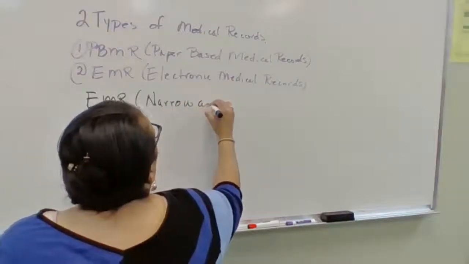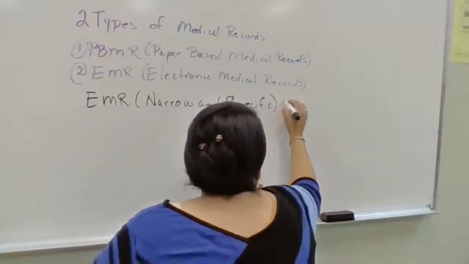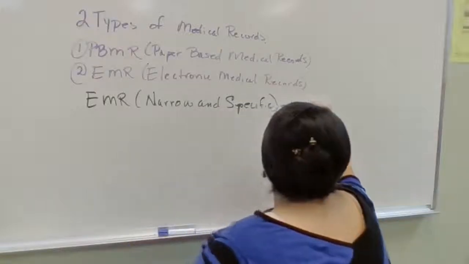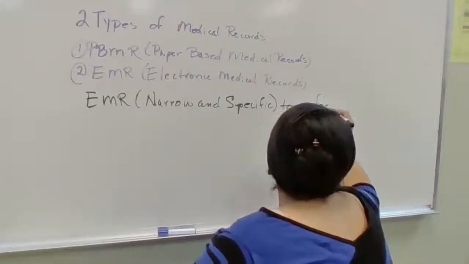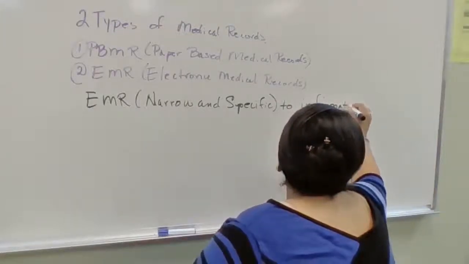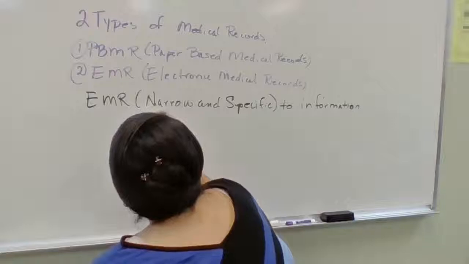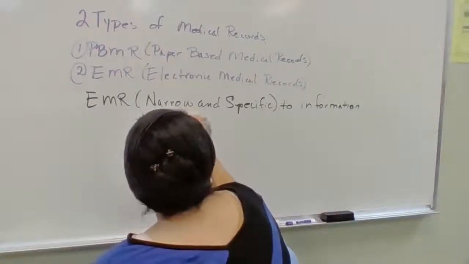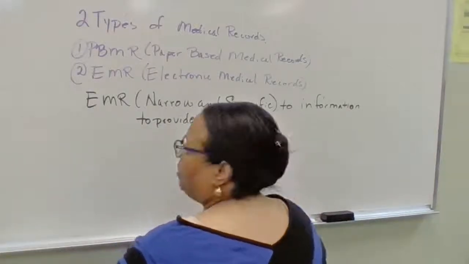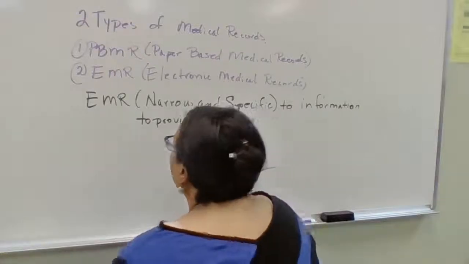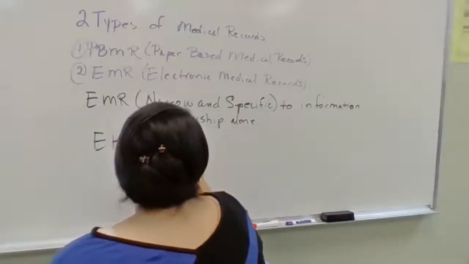Electronic medical records are narrow and specific to information, to providership alone. Electronic health records are broad.